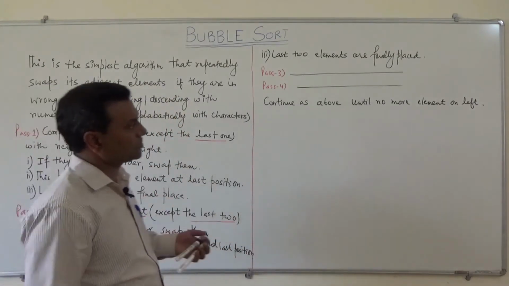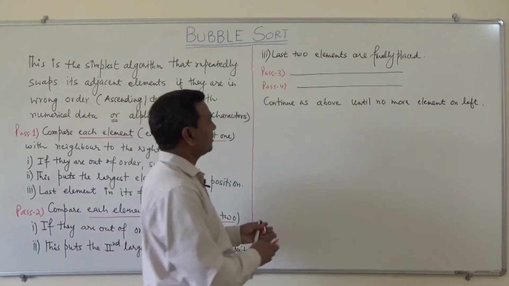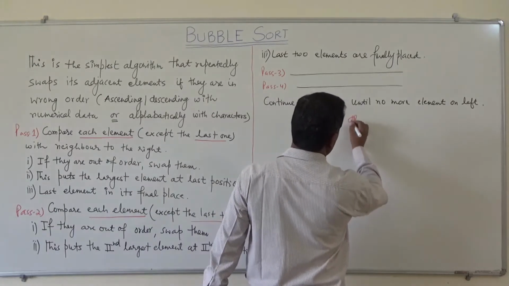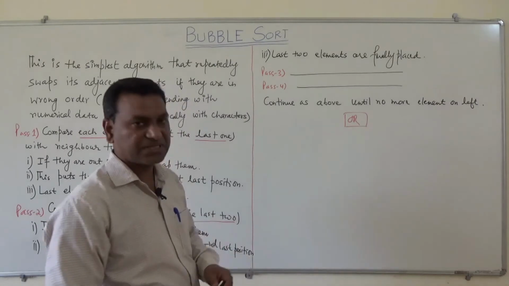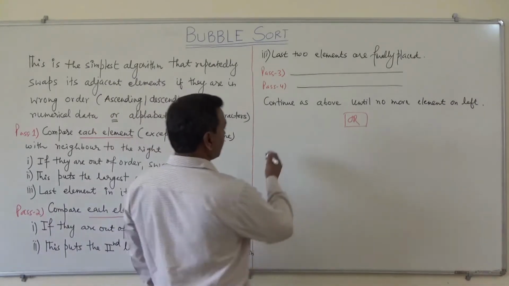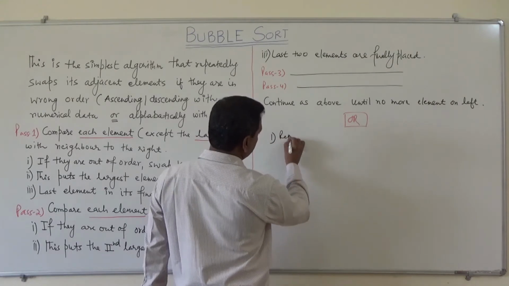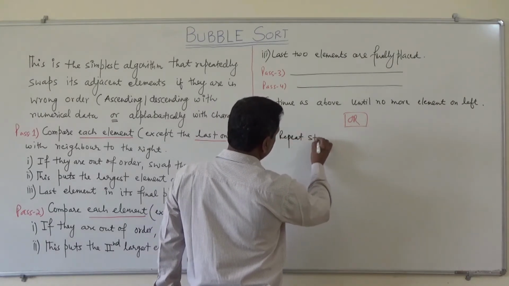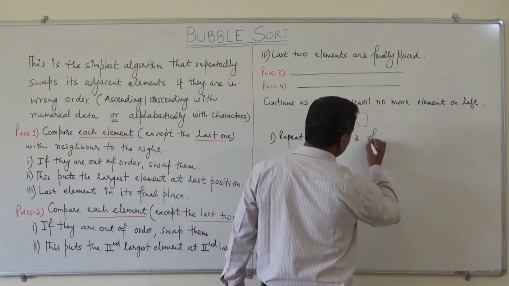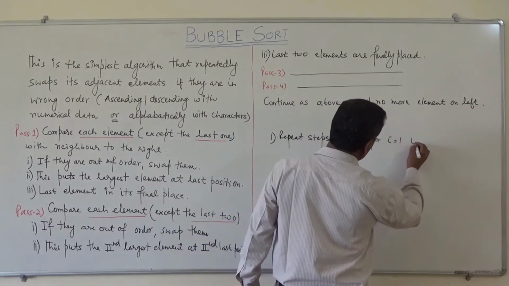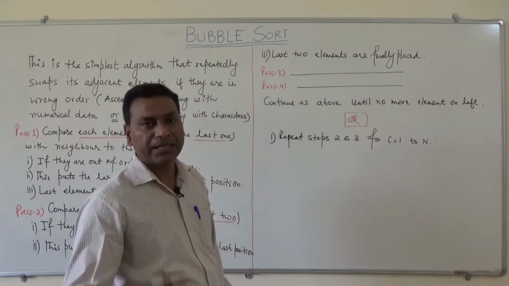Now we can also describe this algorithm in another way, in 4 steps. Step 1: repeat steps 2 and 3 for i equals 1 to n, if the unsorted array contains n elements.